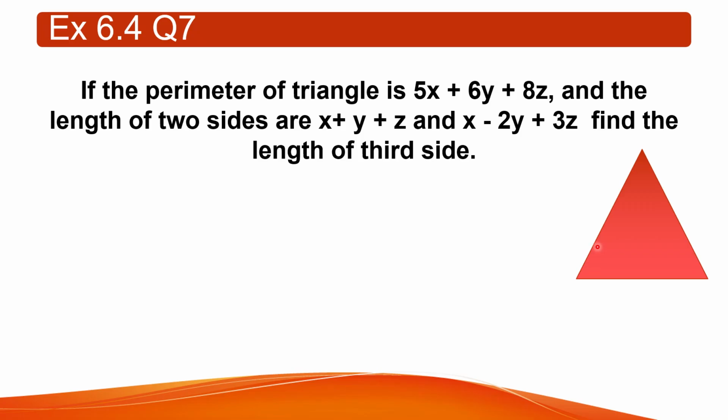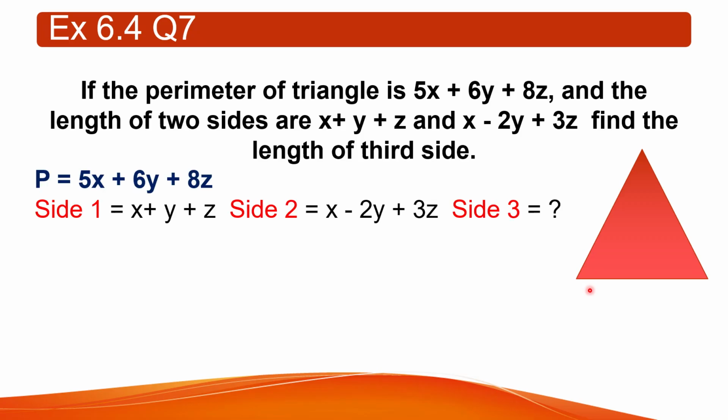Suppose this side's length is x plus y plus z and this side's length is x minus 2y plus 3z, and the third side is not known. We have to find the length of the third side. So the given information is the perimeter, side 1, side 2, and side 3 is not known, which we have to find.